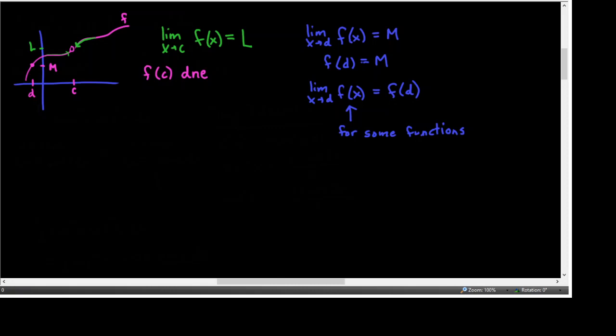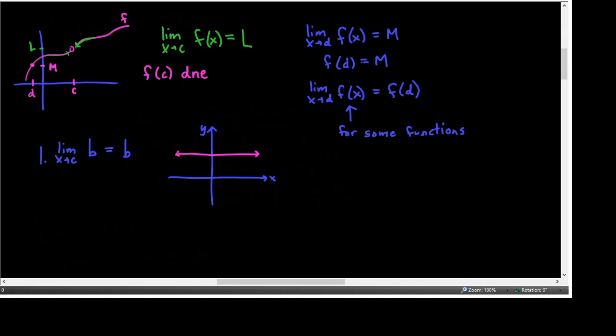So let's look at Theorem 1.1. If b and c are real numbers and n is a positive integer, then number 1, the limit as x approaches c of the constant b is b. So let me show you what I'm talking about. What we're talking about here is a function that is constant, like y equals 4.